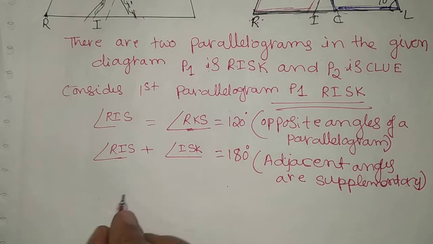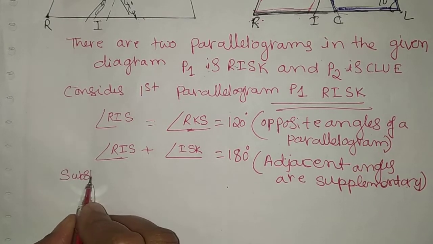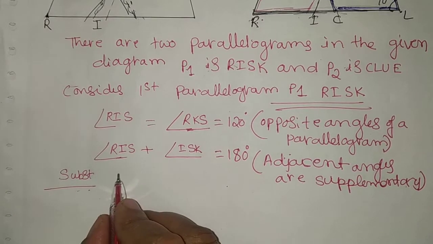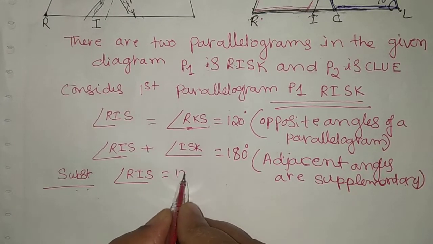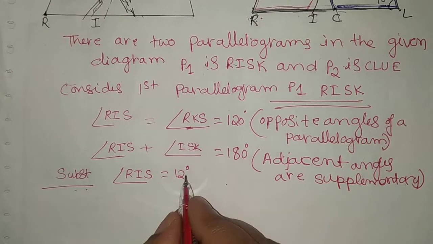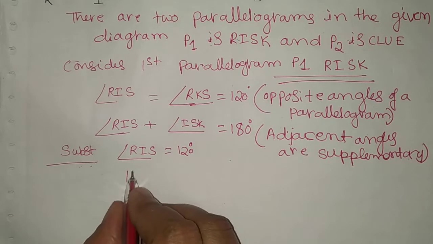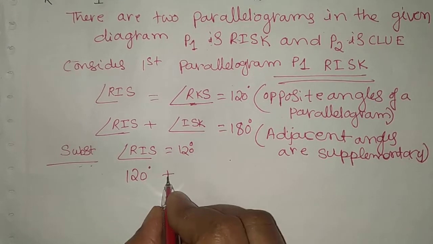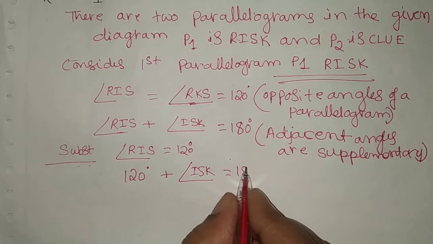So now we can substitute. Next step is substitute RIS is equal to 120 in the above. Therefore we get 120 plus ISK is equal to 180.